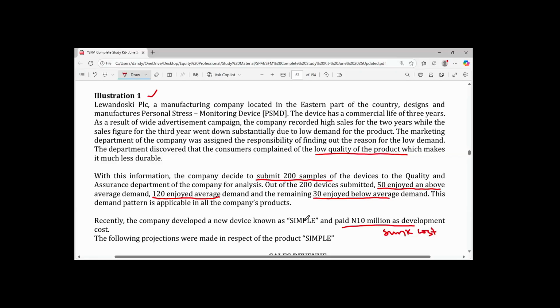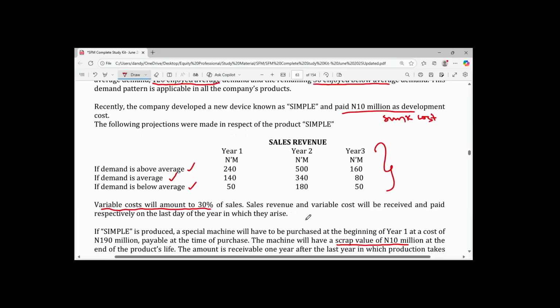Once I get my probability, I will then multiply with the sales revenue for each year, so that I can get my expected sales. Once I have the expected sales, there is a variable cost of 30% of the expected sales. So if variable cost is 30%, it means that contribution will be 70%.